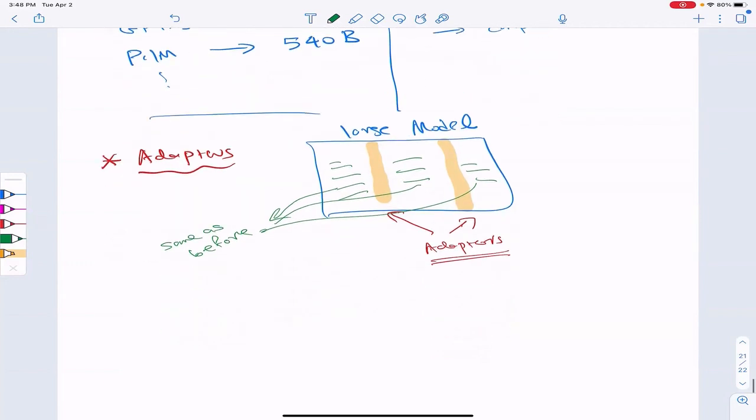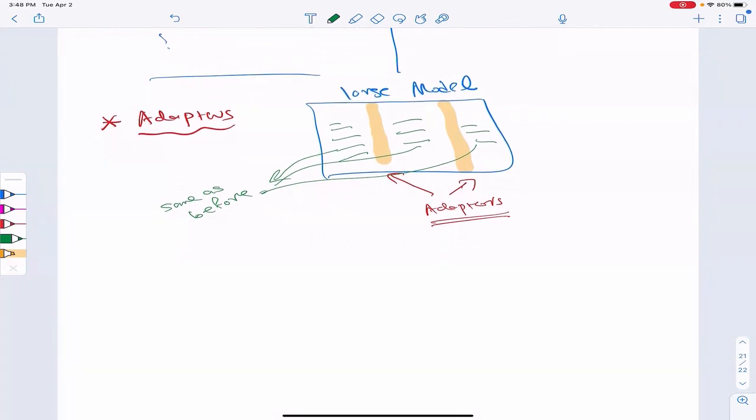Obviously, it is good because you can reduce the number of parameters that are updated during fine-tuning quite a bit, depending on how many layers you have in your adaptation. A particular family of adapters is called LoRA, short for low-rank adaptation.